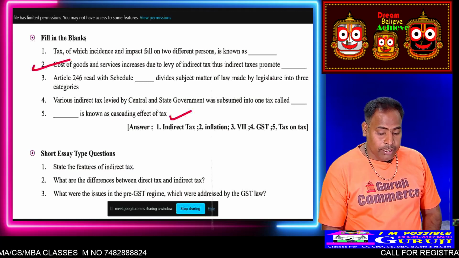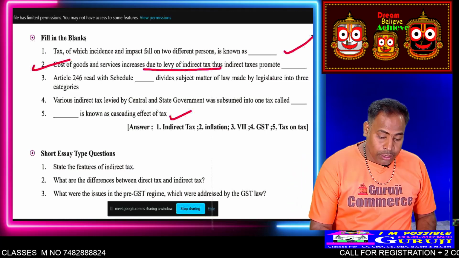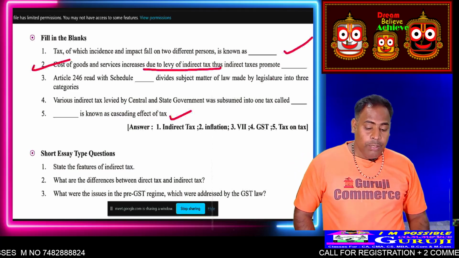Goods or services prices increase due to the levy of indirect tax, thus indirect tax promotes inflation or deflation? Inflation.